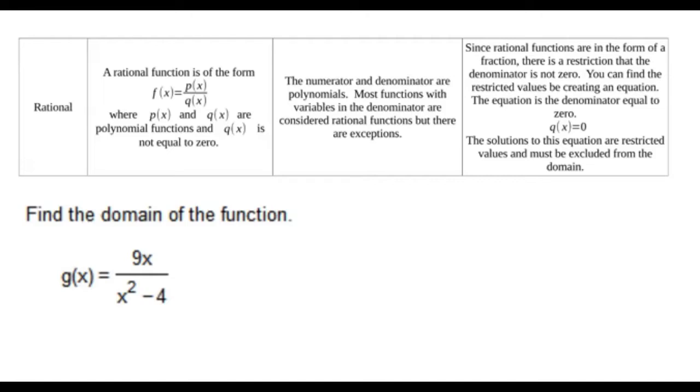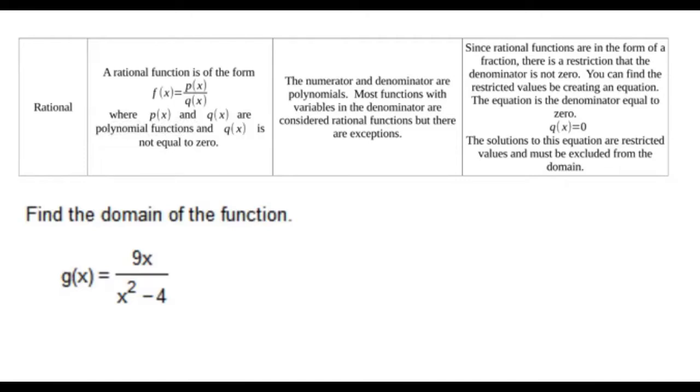Now, before we do that, I just wanted to categorize this function as a rational function. A rational function is of the form f of x equals p of x over q of x. So we've got a fraction form when we have rational functions, and then specifically your numerator p of x and your denominator q of x need to be polynomial functions.